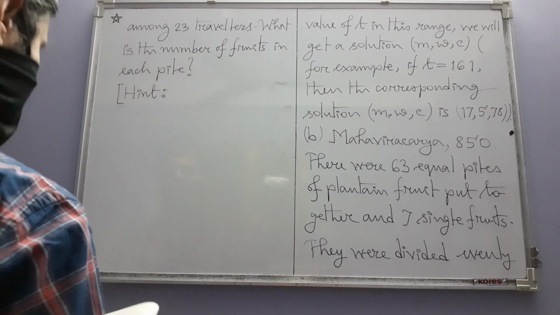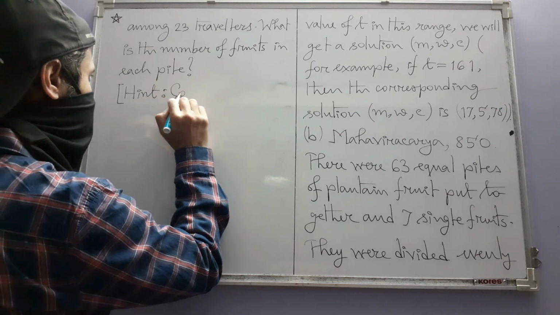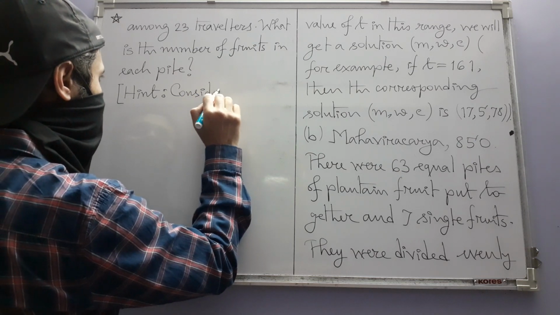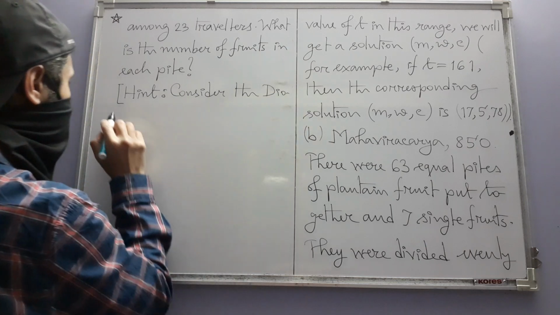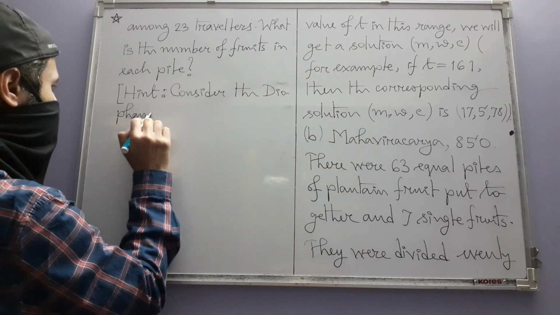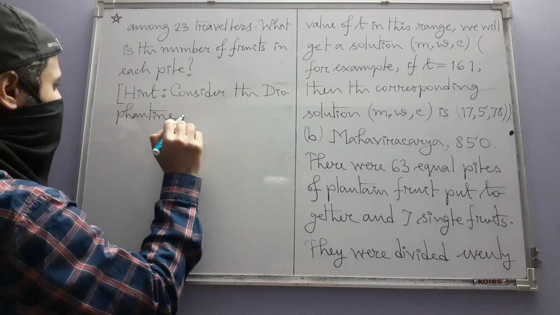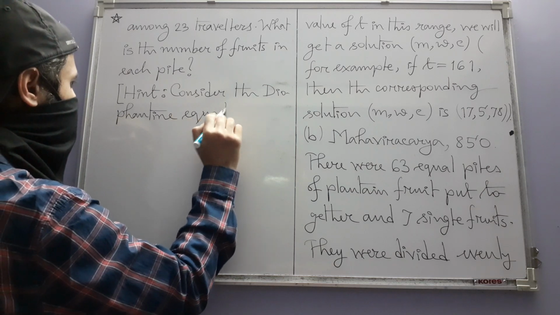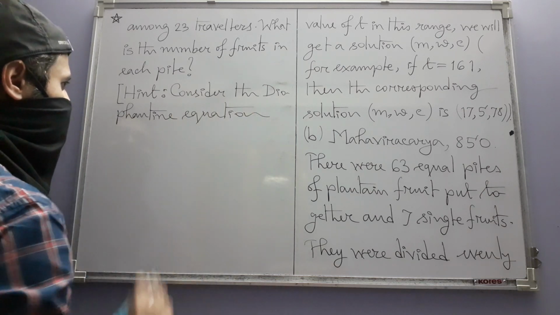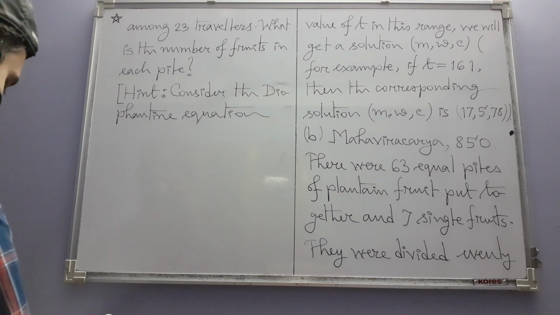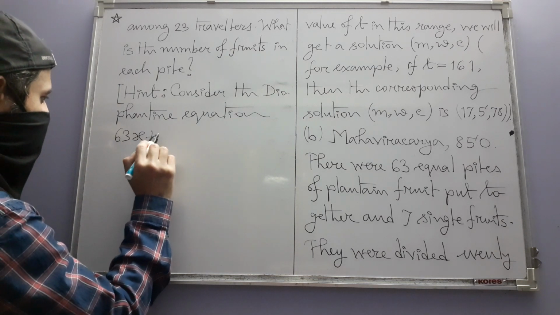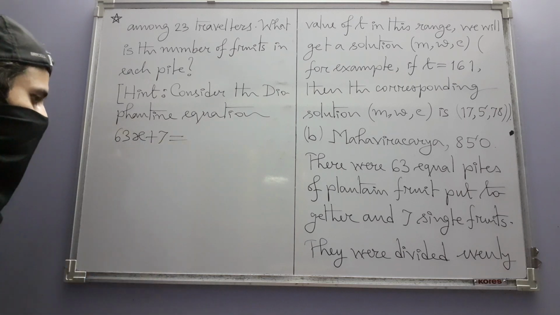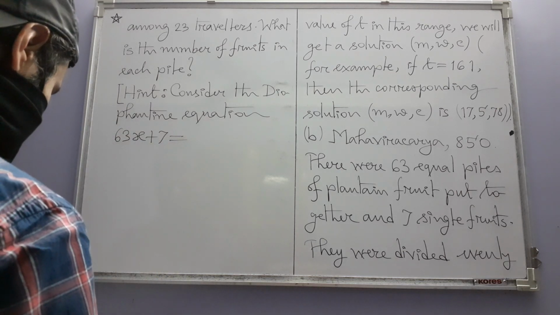So the hint is just this: consider the Diophantine equation 63x plus 7 is equal to 23y.